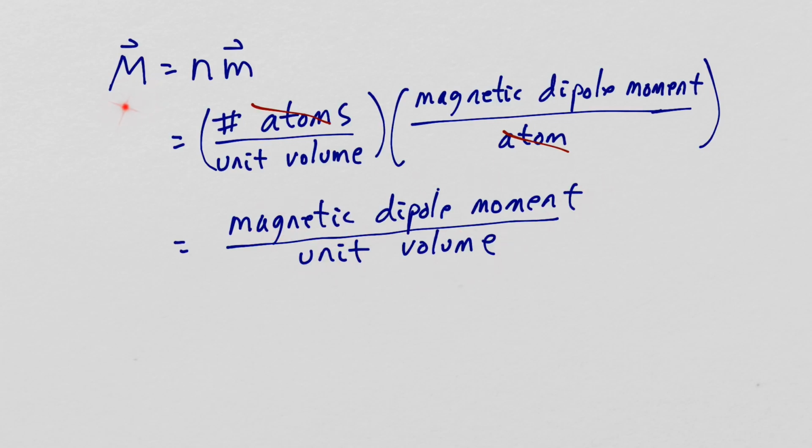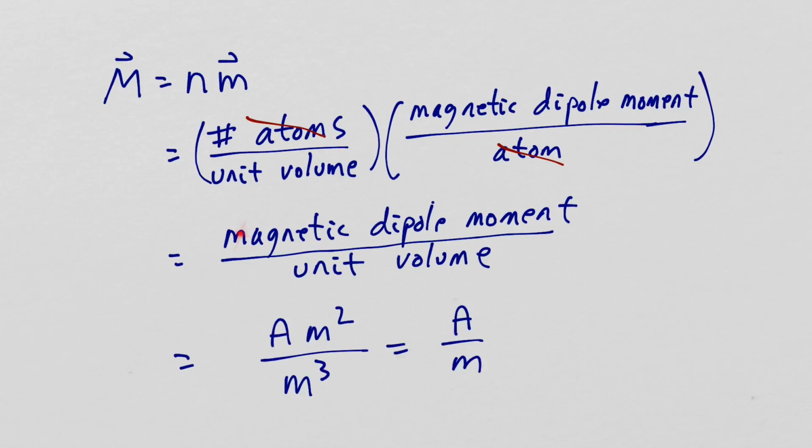So magnetic dipole moment is a current times an area, amps meters squared. Volume is meter cubed. So again, the units of magnetization are amps per meter.